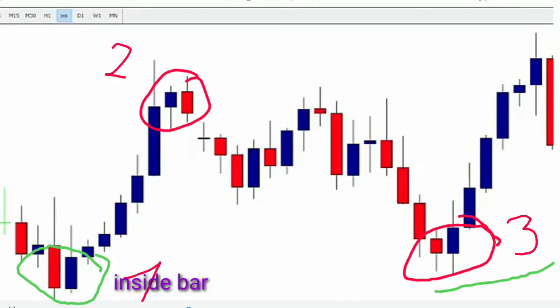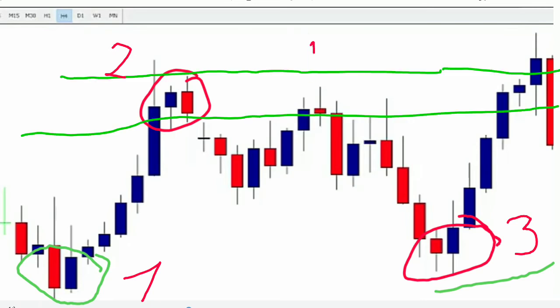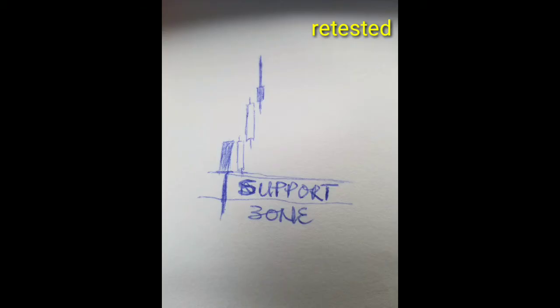So look at the first green patch. This is an inside bar that produced a reversal to the bullish direction. That was a bullish signal. And the second encircled region, which is the bearish engulfing, you will notice that market reversed after retesting or returning to the area that had a bearish engulfing.